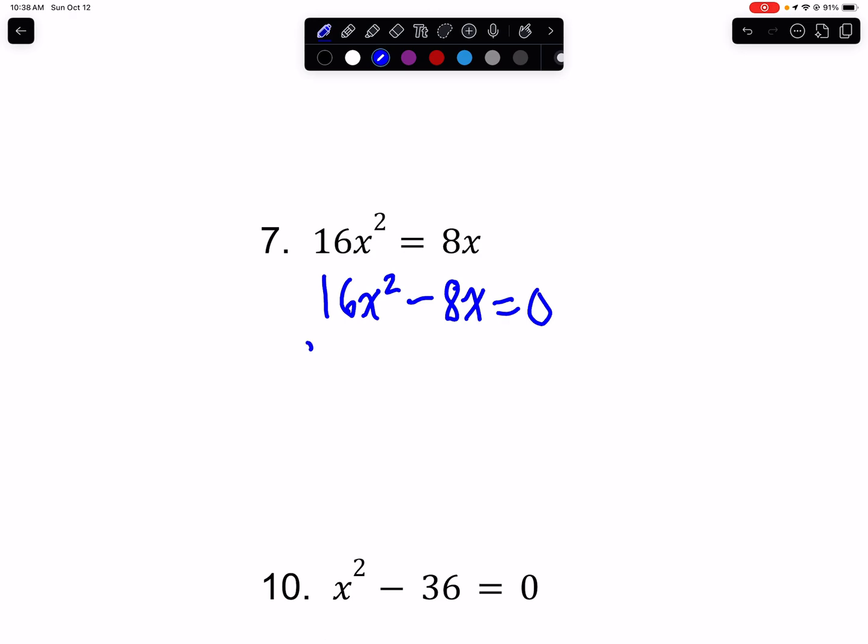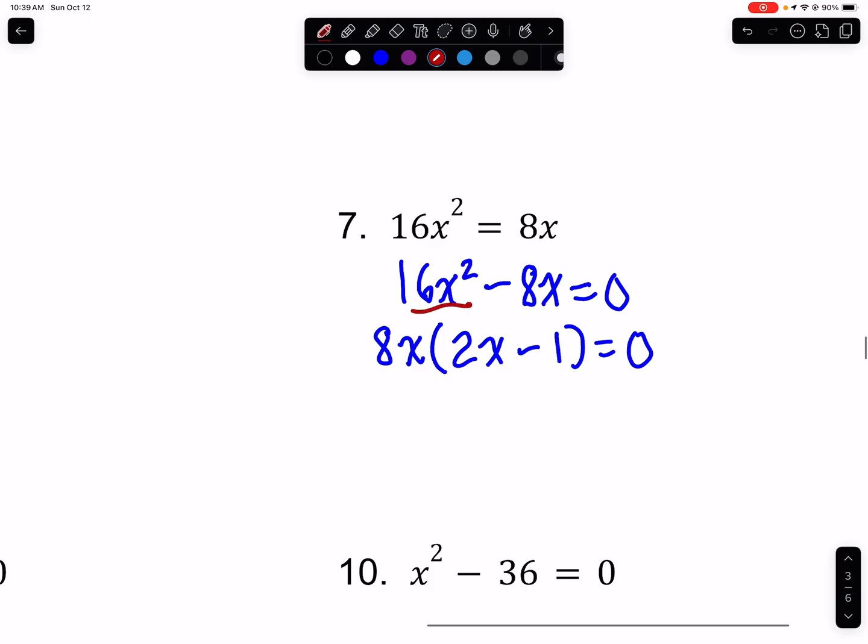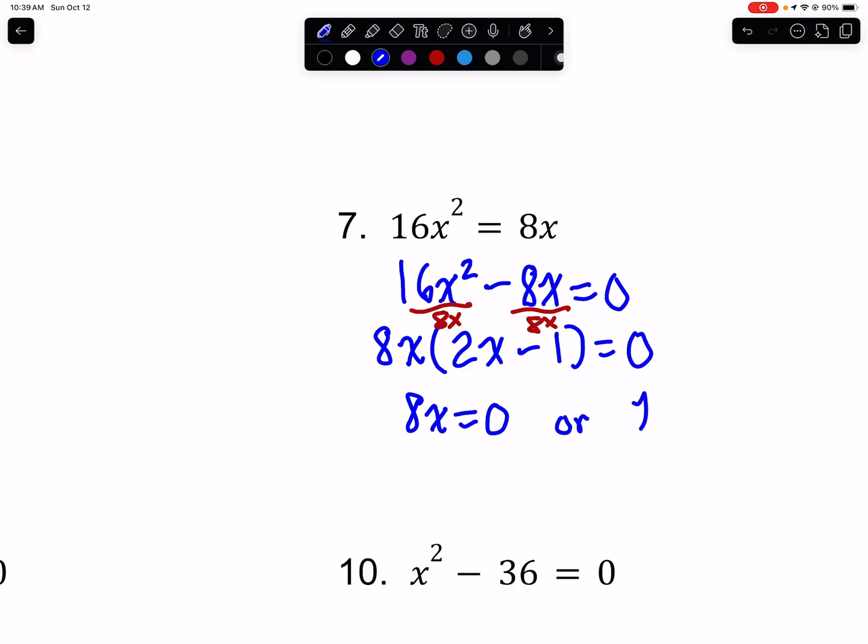And I noticed that they both have an 8x actually. So I want to factor that out. So 2x minus 1. Because I divide each of these by 8x divided by 8x. So zero product rule says 8x equals 0 or 2x minus 1 equals 0.